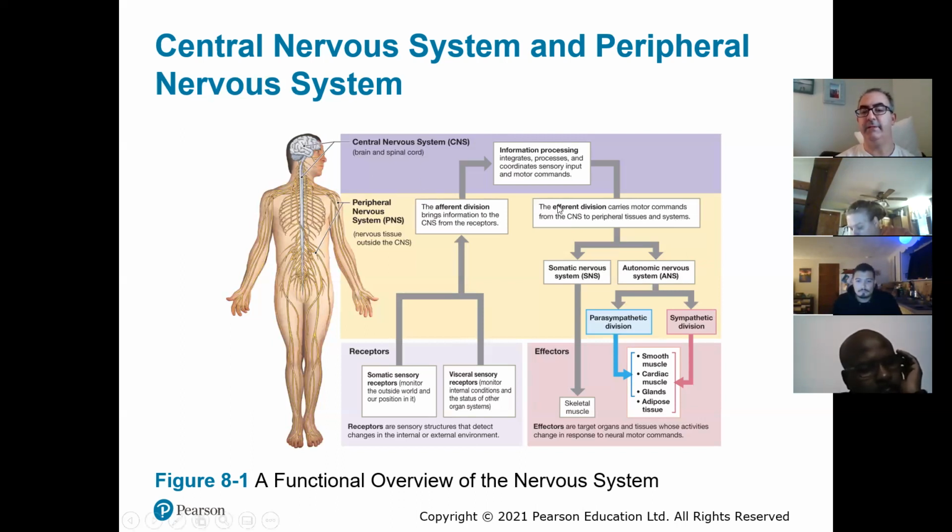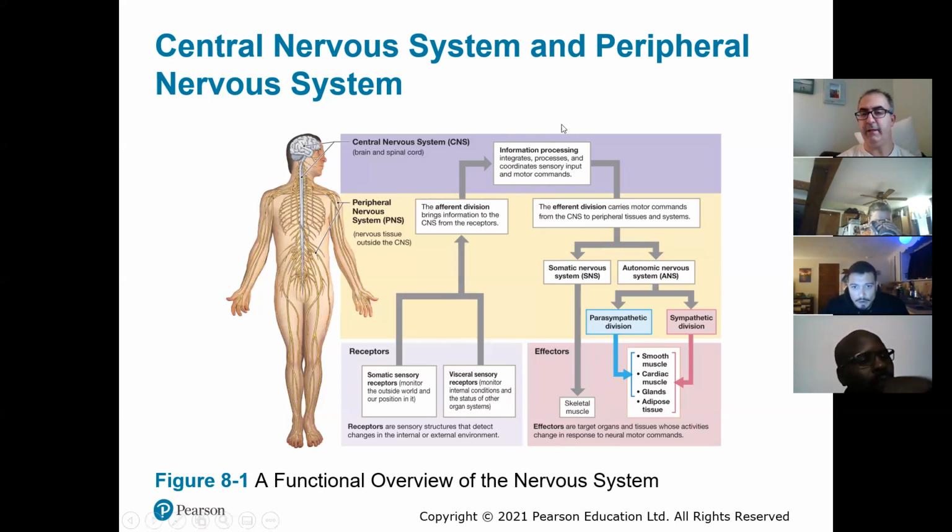The somatic nervous system is for controlling conscious movements, voluntary movement. So the somatic nervous system directly affects skeletal muscles. Remember, we talked about skeletal muscle is the only one of the three types of muscle that are voluntarily controlled.